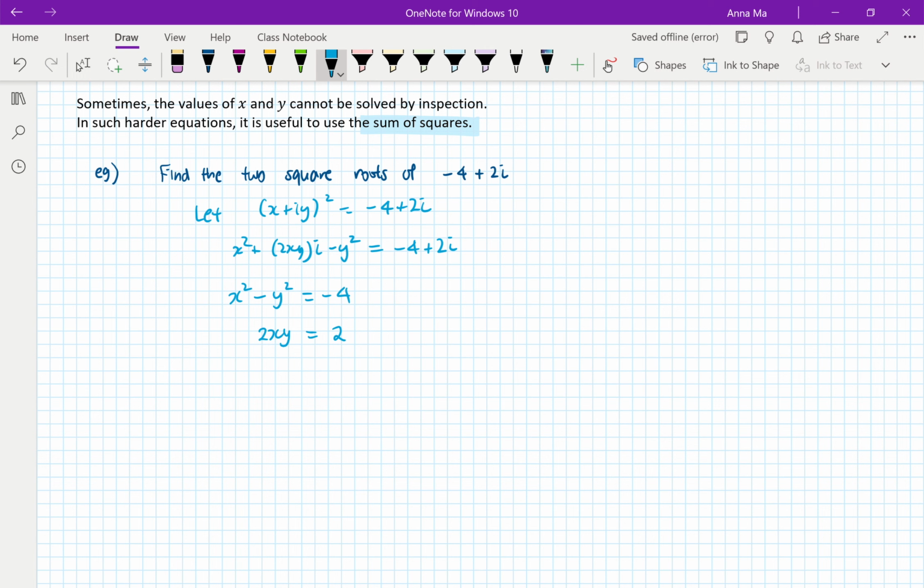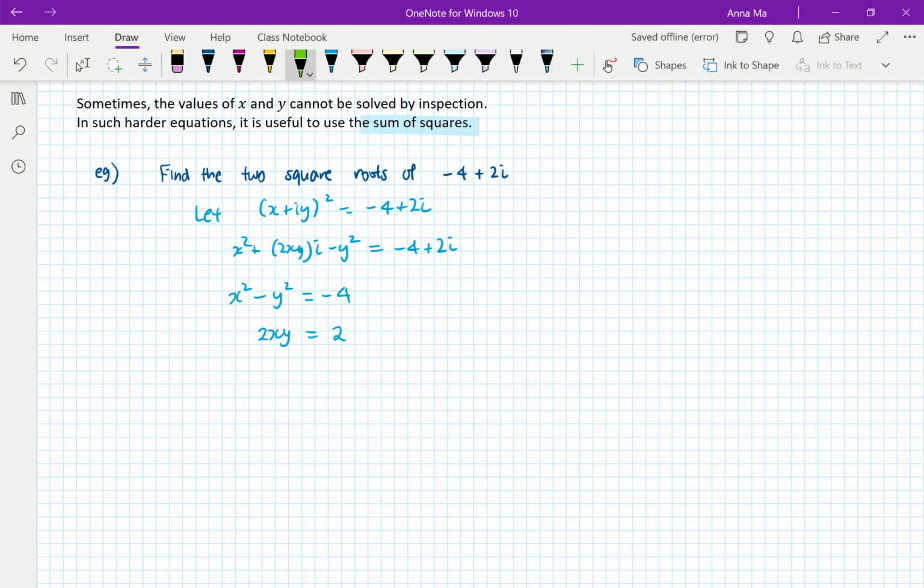Now at this stage, you can simplify this to xy is equal to 1, but if you think about factors of 1, there's not many options, and it doesn't work to solve it back into that equation. So this would be the case where you can't really solve by inspection. And in that case, you can rearrange these, plug it in, and solve the quadratic. But as I said, there is an easier way.